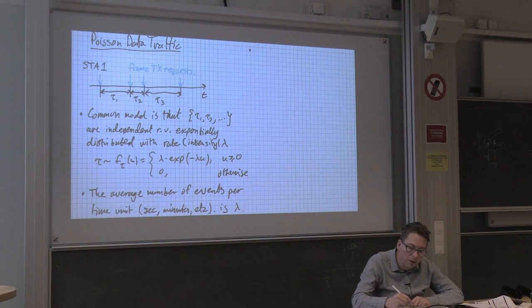That means that the average number of events in capital N time units is simply N times lambda.